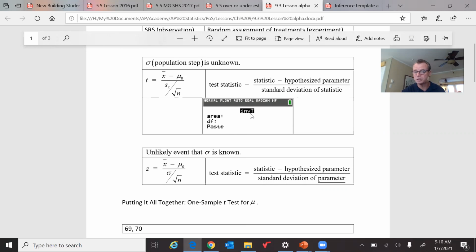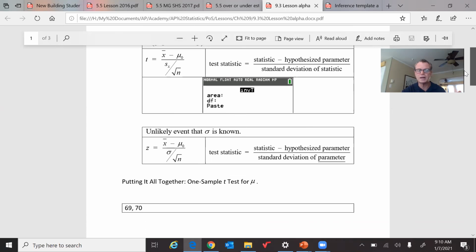And we could do inverse T. We can get the T-score if we put the area in the degrees of freedom. And then we can use a Z-score, but it's unlikely that we would know sigma. All right? So we're going to pause this, and you're going to do one pair of problems, 69 and 70.